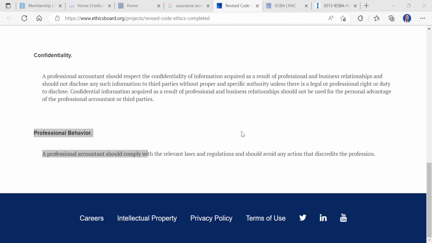Like I said, unless you finish CPA, you cannot call yourself an accountant by the requirements of the law. So those are the requirements of the law.